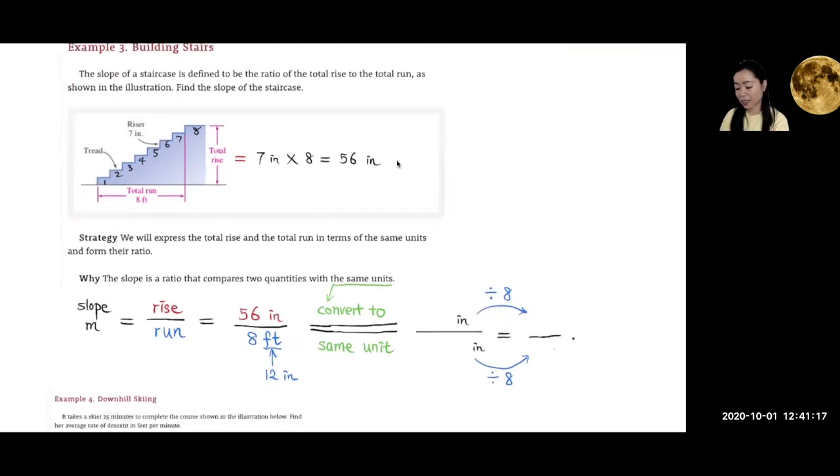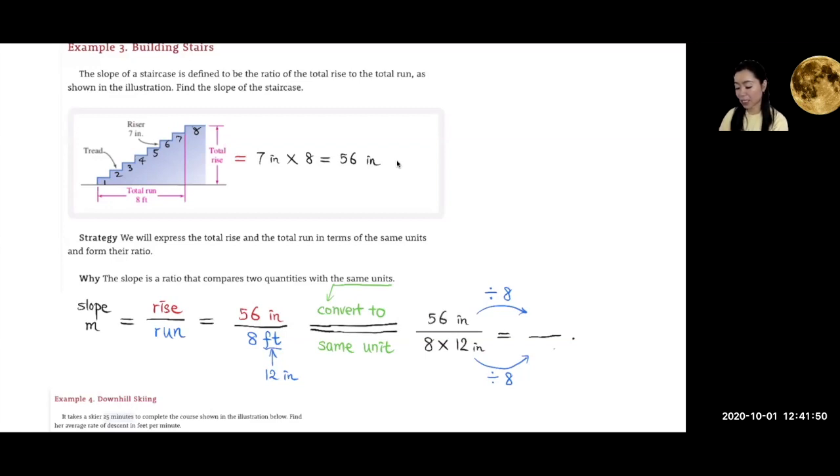Notice that they are in 2 different units here. We need to convert them to the same unit because the slope is a ratio that compares 2 quantities with the same unit. So let's convert the feet into inches. 1 foot is equal to 12 inches. So 8 feet will be 8 times 12 inches.